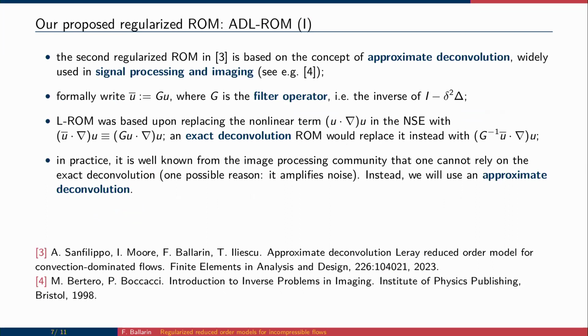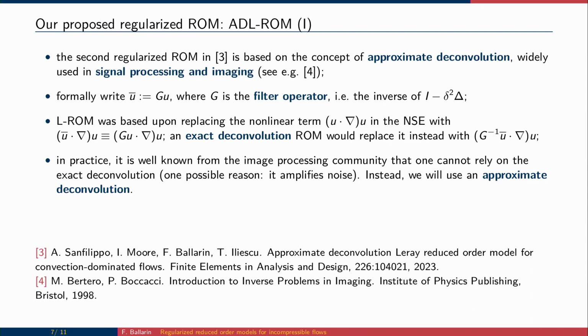So to overcome this, together with my collaborators, in paper number 3 at the bottom of the slide, we employed a concept of approximate deconvolution that stems from signal processing and imaging. The goal of this is to formally write the computation of U bar as an operator G applied to U, where G is the filtering operator.